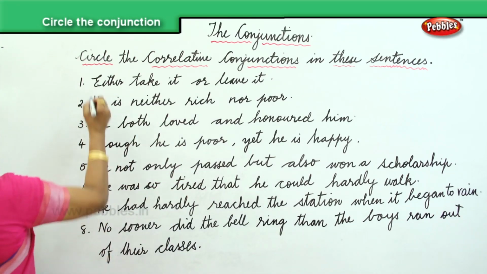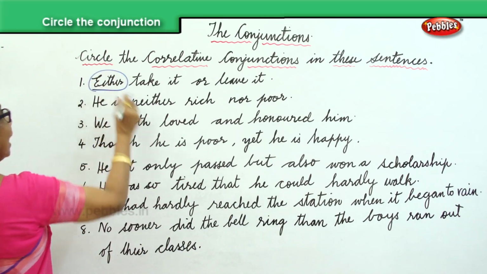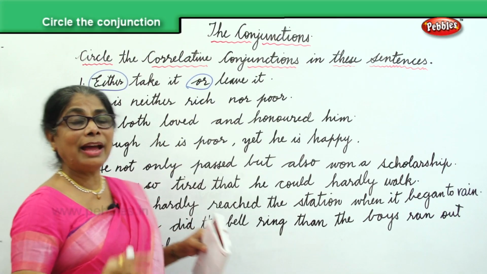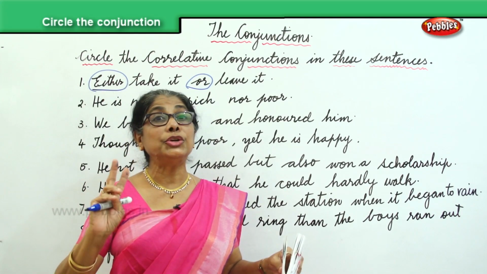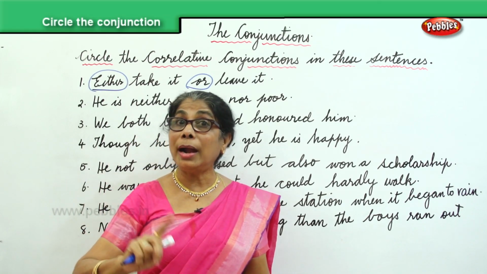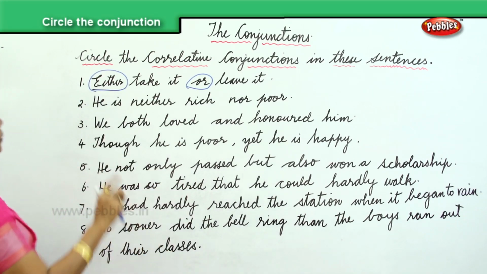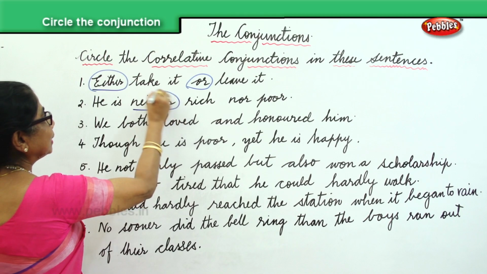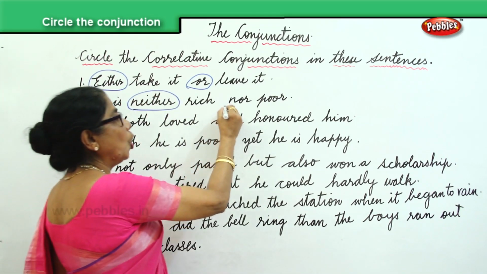So the first one is either. Either take it or leave it. Every sentence will have one pair of conjunctions. He is neither rich nor poor.